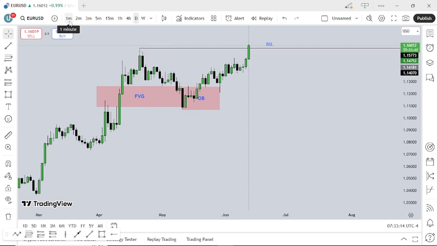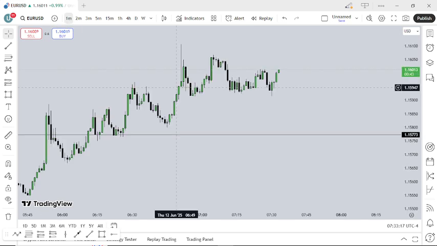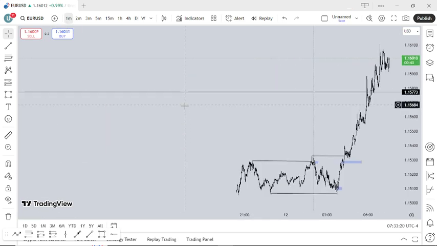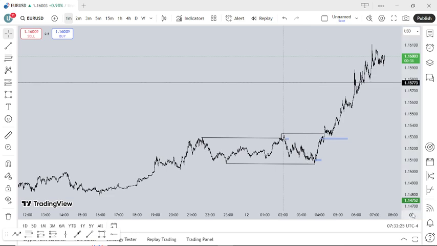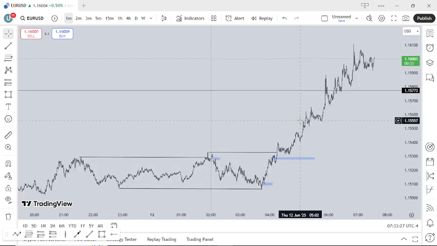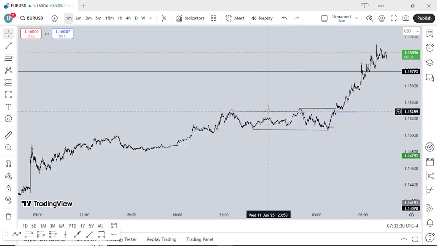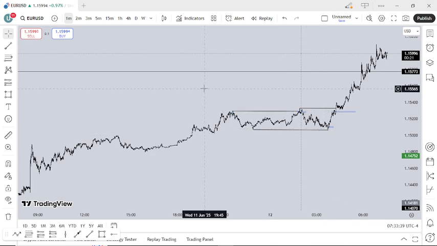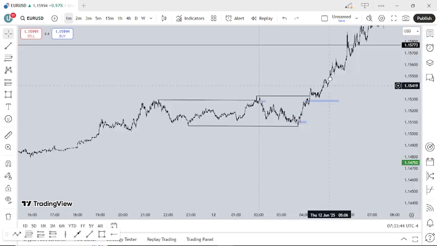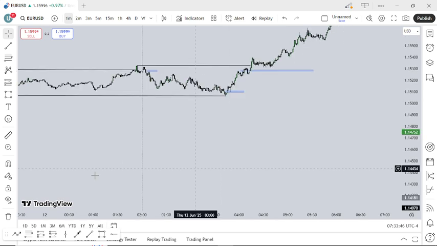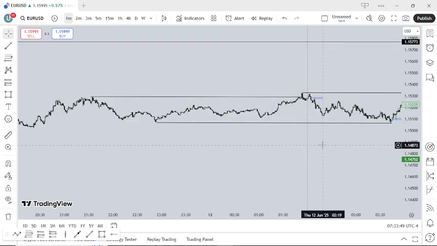So coming to a 1 minute time frame during the London session open, that's 2 a.m. to 5 a.m. New York time. Let me just take this off so that we can see it clearly.